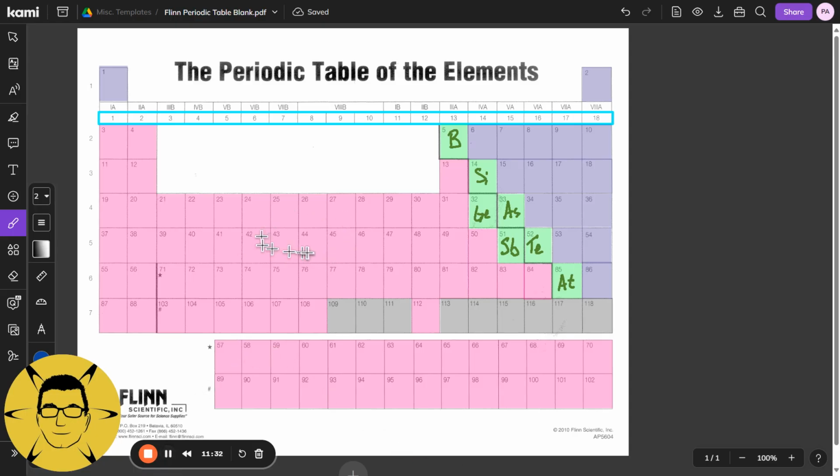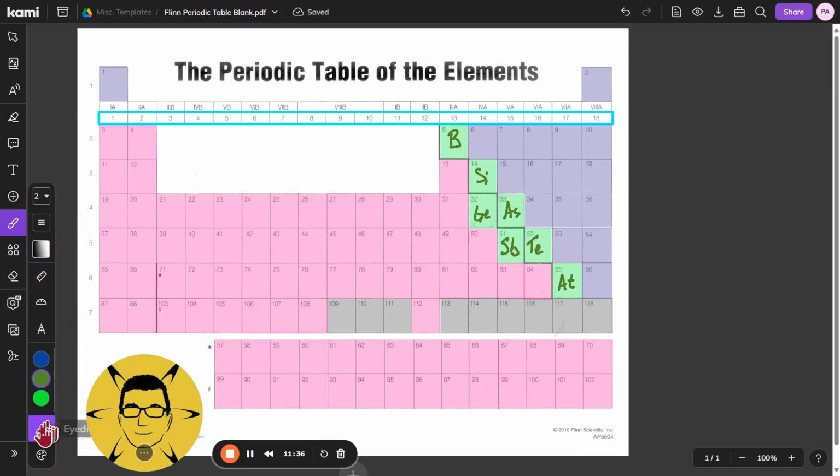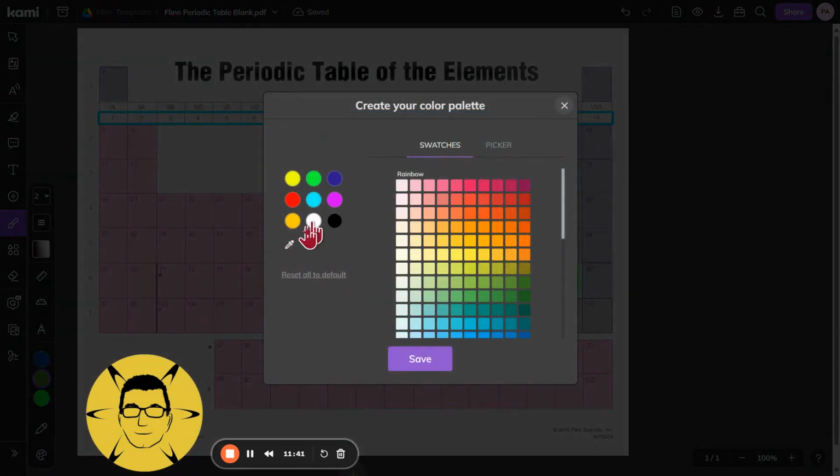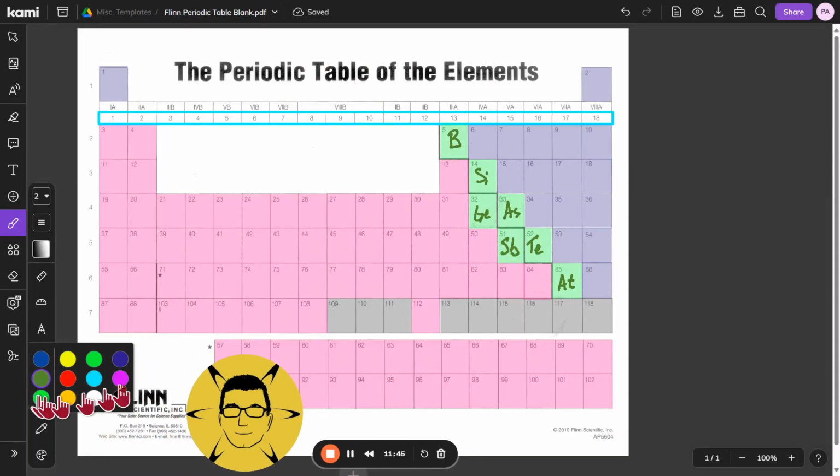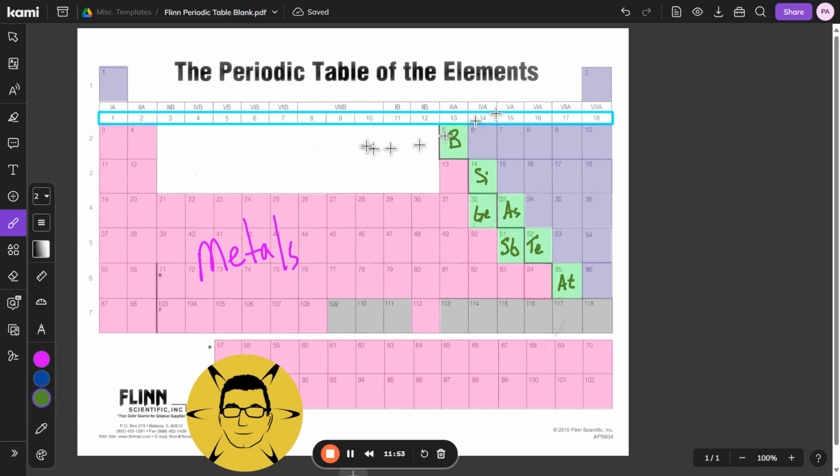So on the pink part of the graph, I want you guys to write metals over here. Not nonmetals.